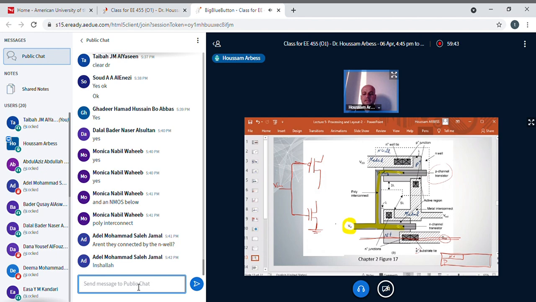Then I have P plus substrate tie. Well, it's not clear here, but they told us that it exists. So I have here also P plus. I have one contact here and one contact here. I have one contact here and one contact here. And then I have the metal from here to the end. This is the metal.